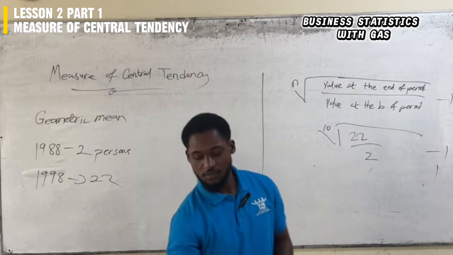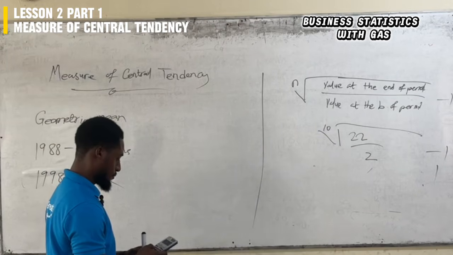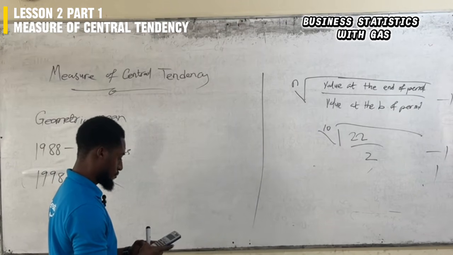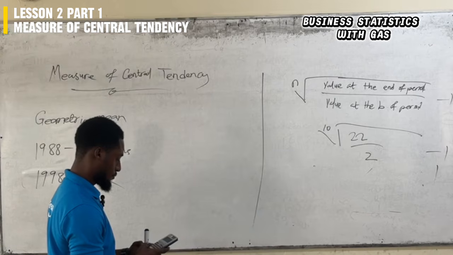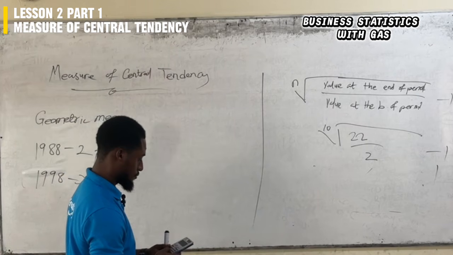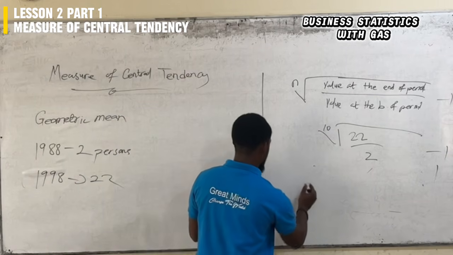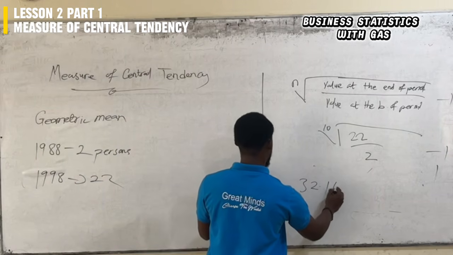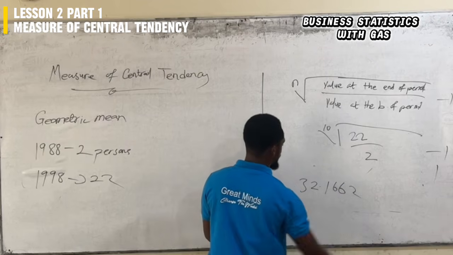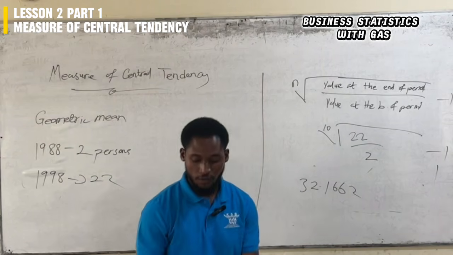So now let's compute this into our formula. So you are getting 32.1662. Now we move on.